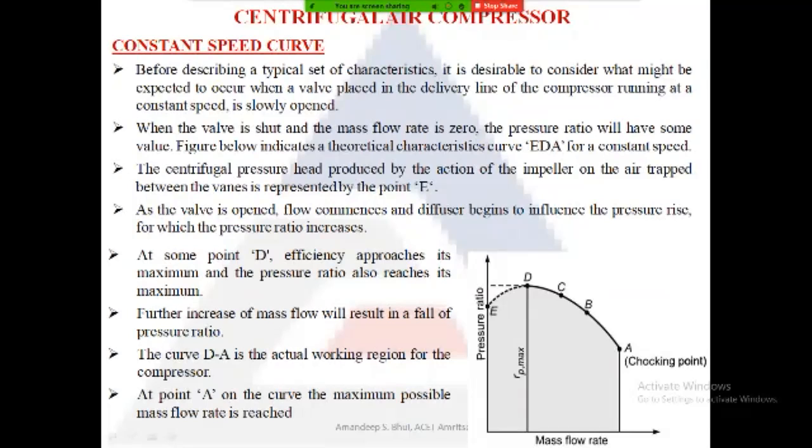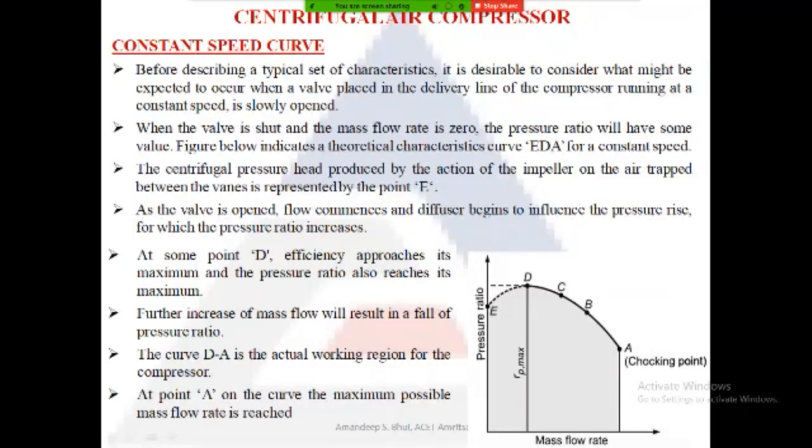At a certain point, point D is achieved, where at this mass flow rate the maximum possible pressure ratio is attained. So point D is the maximum possible pressure ratio that can be achieved inside a centrifugal compressor. If I again open the delivery valve, the mass flow rate increases, but beyond point D the pressure ratio starts to decrease.